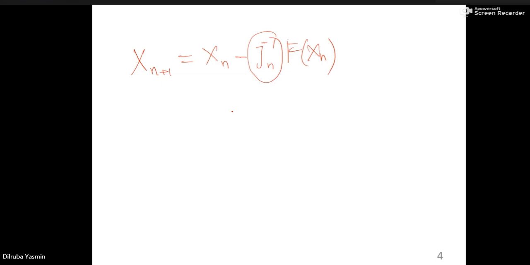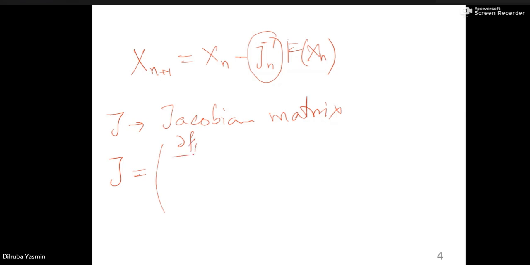J defines the Jacobian matrix. And always remember, the Jacobian matrix should be a square. So how do we get this Jacobian matrix? You have to do this operation: del f1 on del x, del f1 on del y, del f1 on del t. So this is the first row of the Jacobian matrix.